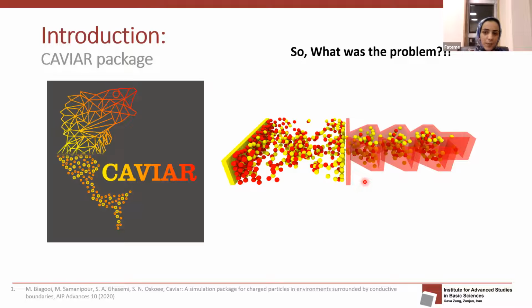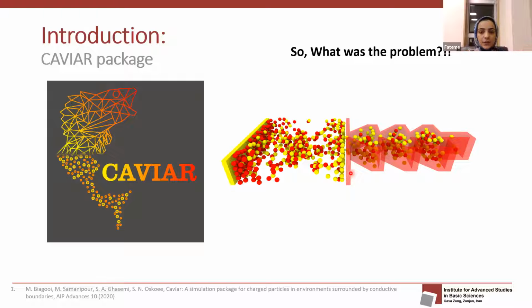What was our problem that motivated us to present another method, another model? The problem is that in every snapshot, we have to use a finite element method.